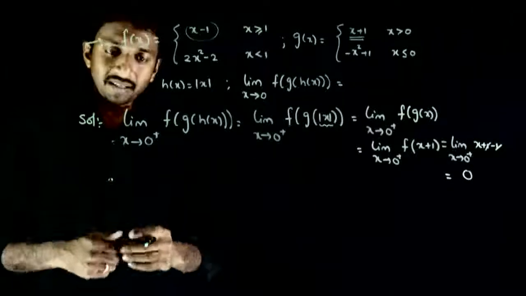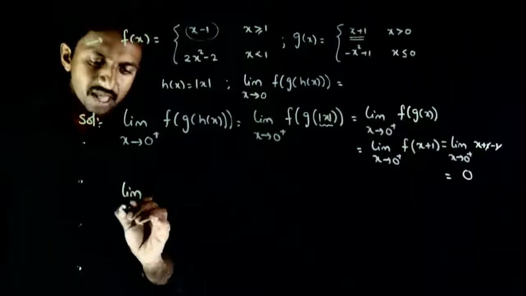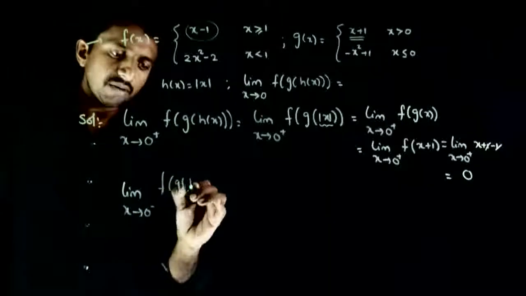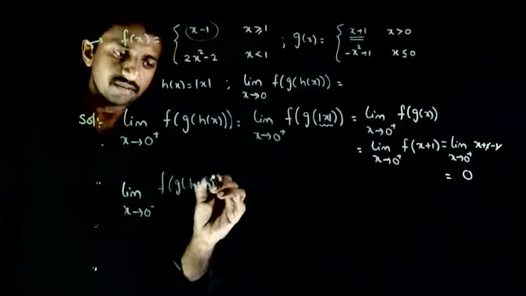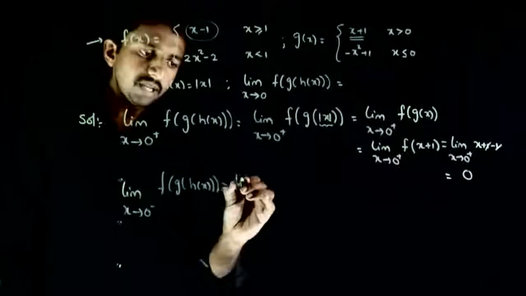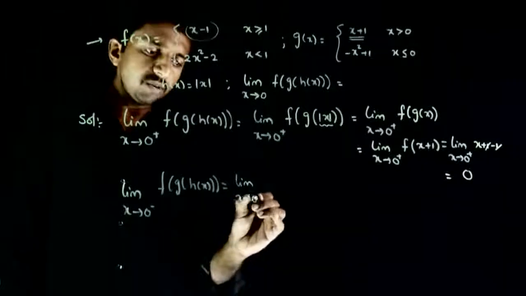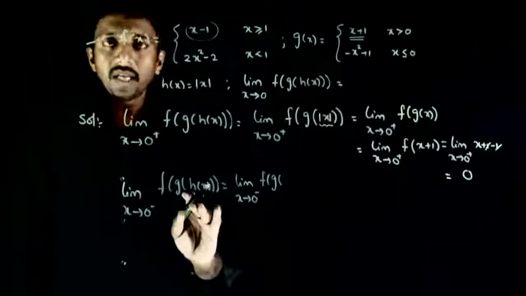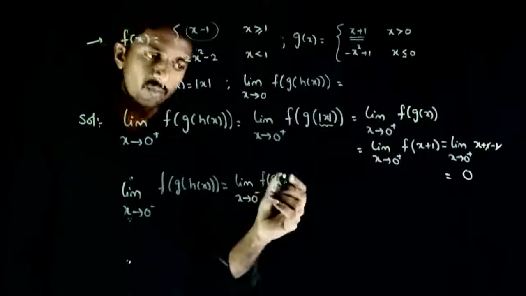Now let us calculate limit x tends to 0 minus f of g of h of x. That is equal to limit x tends to 0 minus f of g of h of x, which is nothing but mod x.